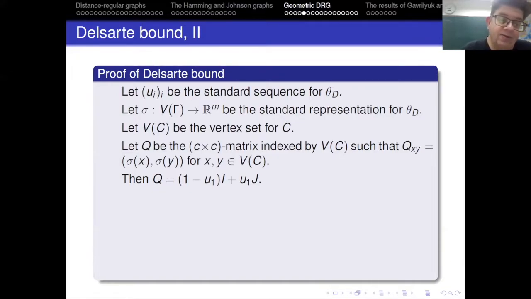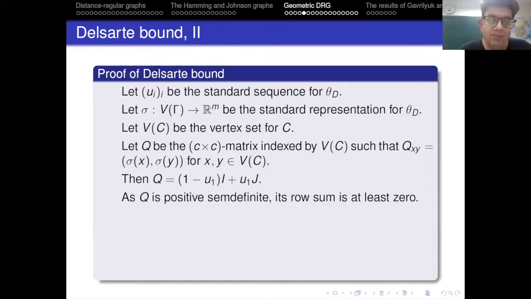It's fairly easy to see that you have ones on the diagonal and the rest u1. So that means Q is (1 minus u1) times the identity plus u1 times J, where J is the all-ones matrix. Q is positive semi-definite because it's a Gram matrix.